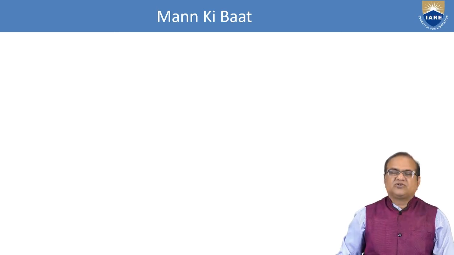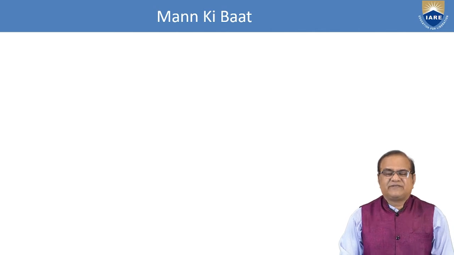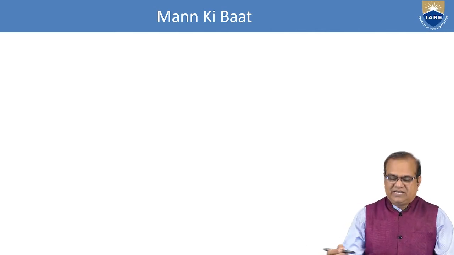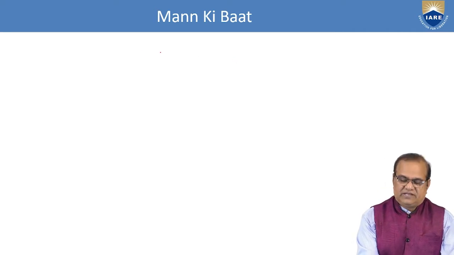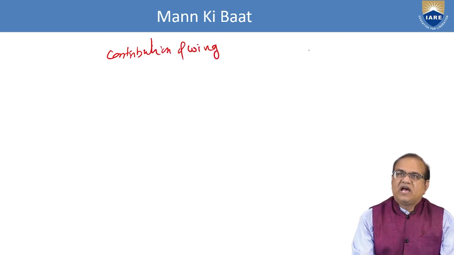I have discussed the aircraft, and we have seen the contribution of the wing. We have seen that the wing contribution is normally, this is the CG and here is the AC.